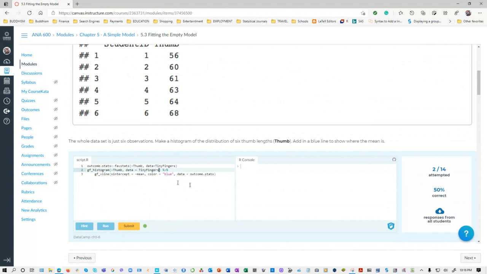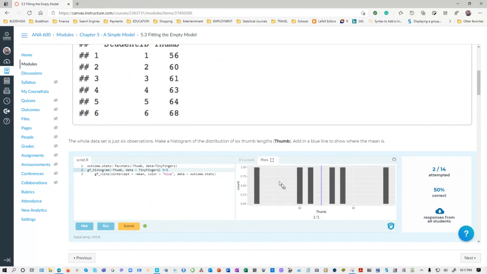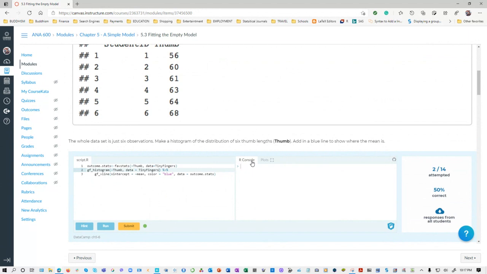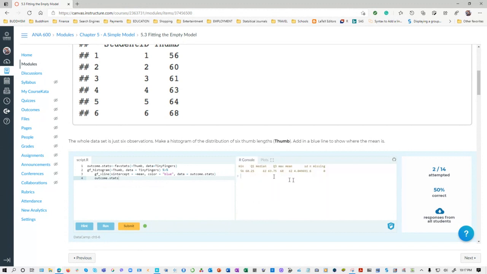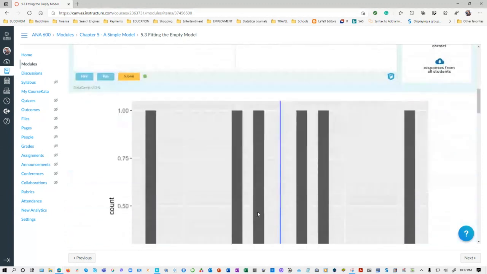From this one, I'm going to take the mean. Tiny fingers. If you go ahead and call this one outcome.stats, that one too.